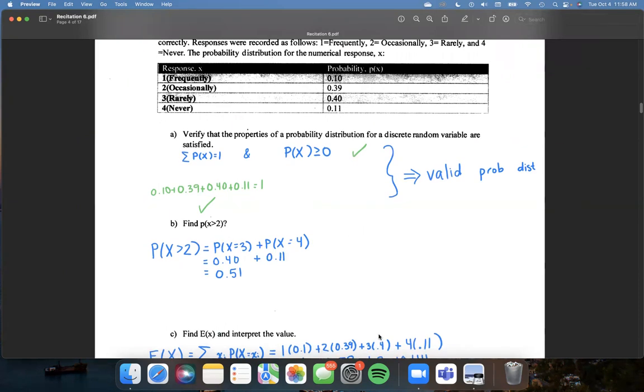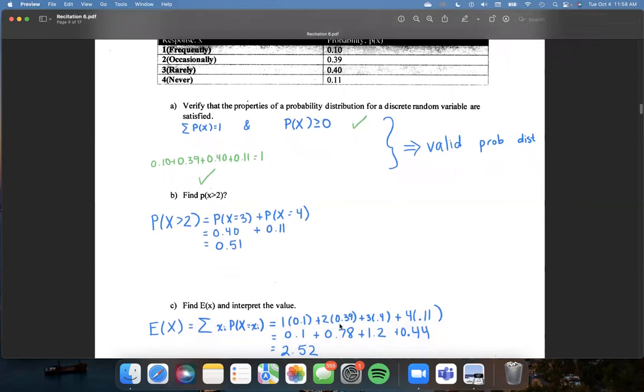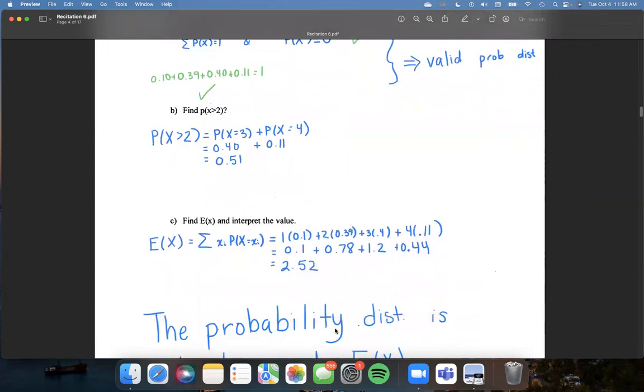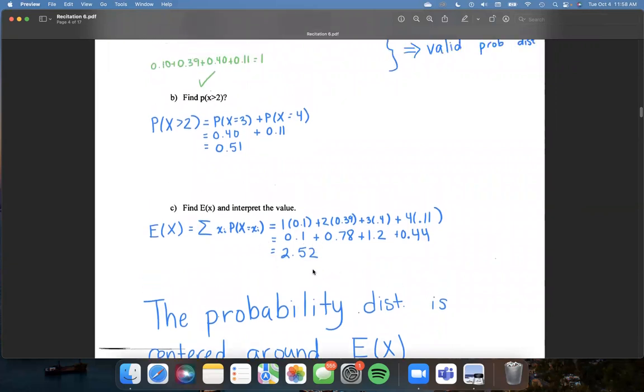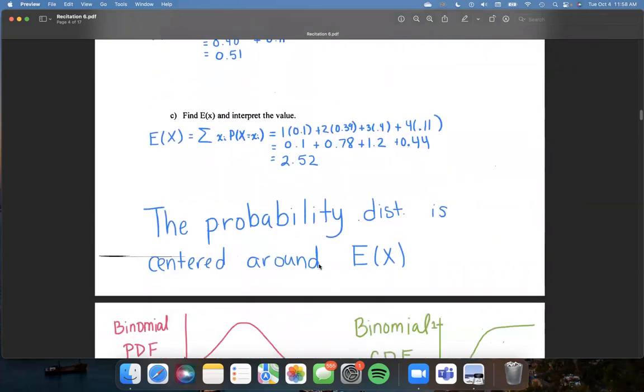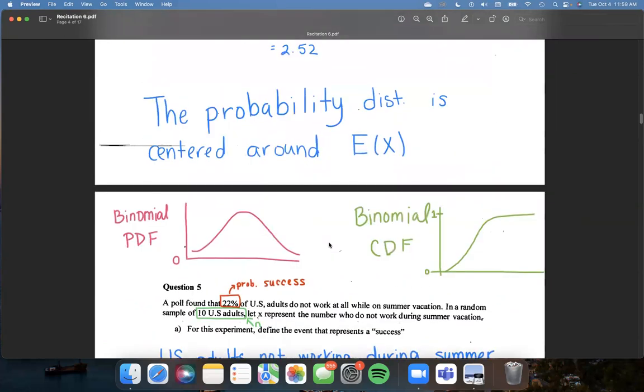So when we do that, we should get 2.52. So the probability distribution is centered around our expectation of x. So our probability distribution is centered around 2.52.